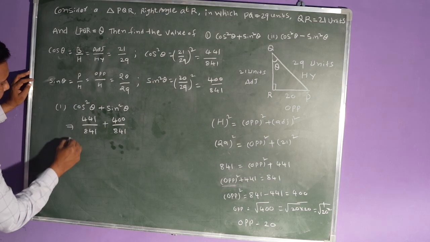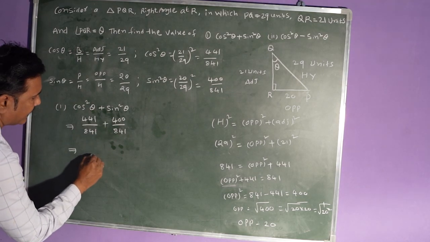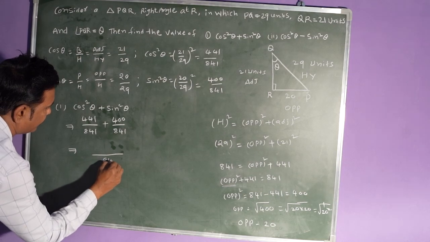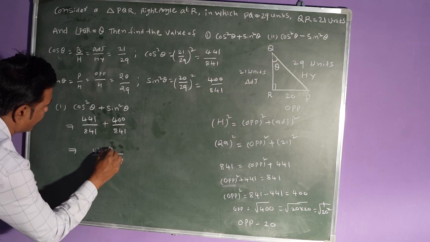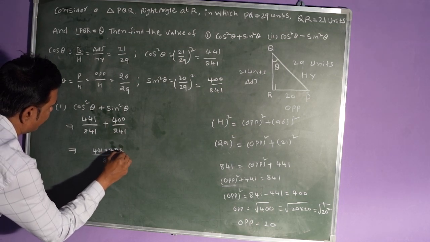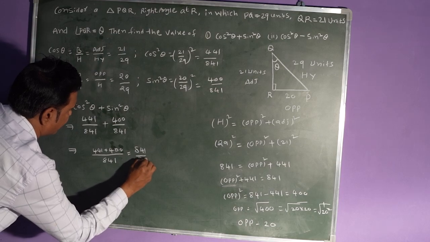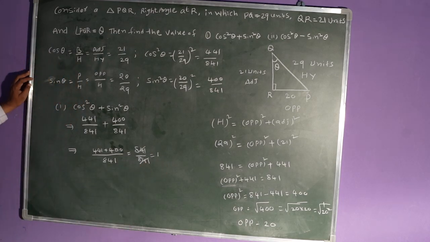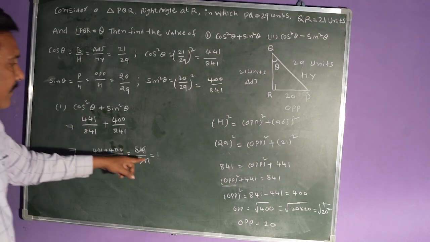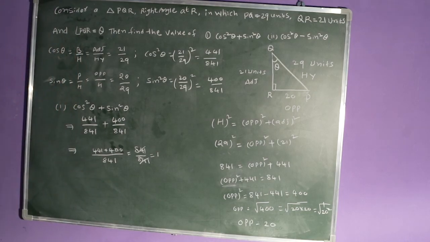That means the denominator is the same, LCM is 841. Then 441 plus 400 is equal to 841 by 841. 841 by 841 cancel, 1. That is, cos square theta plus sin square theta value is 1. Is it clear?